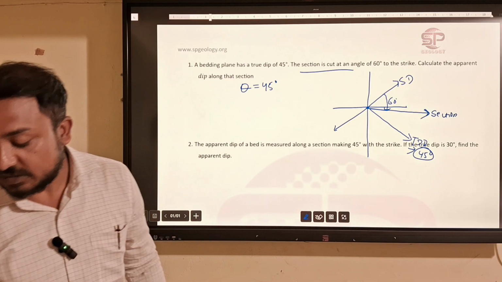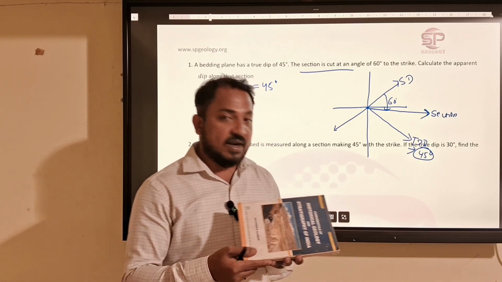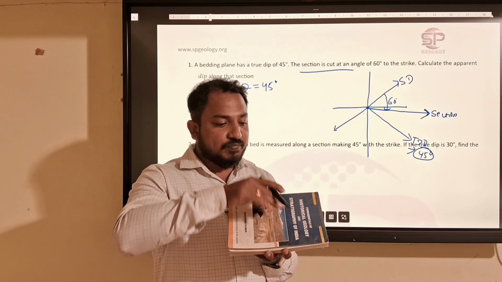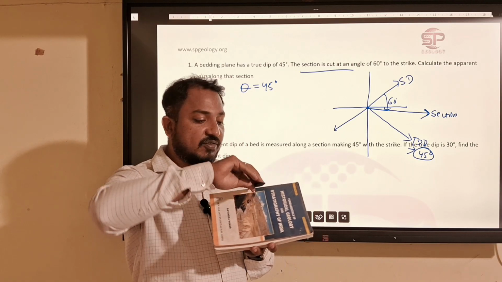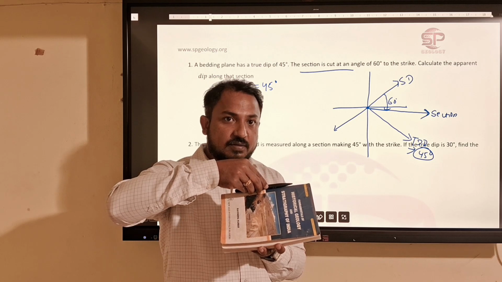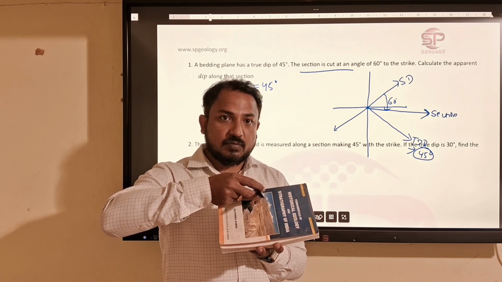So let's understand this. Suppose we have a bed like this. Now it is dipping here, given 45 degrees in this direction. Now this will be the strike direction and this is the true dip direction.